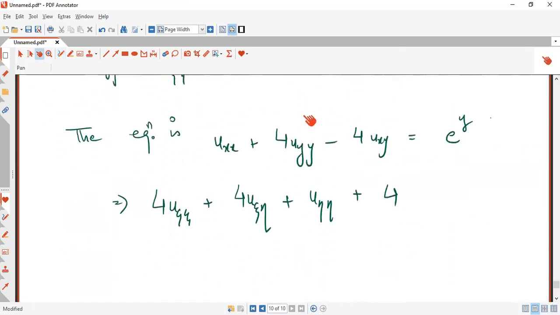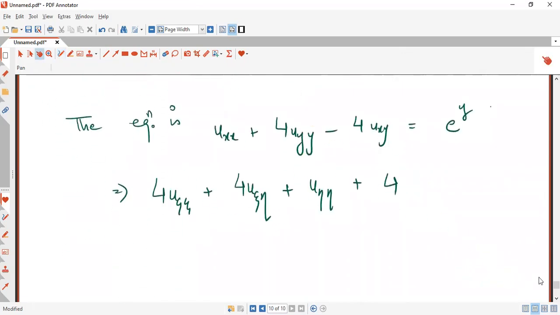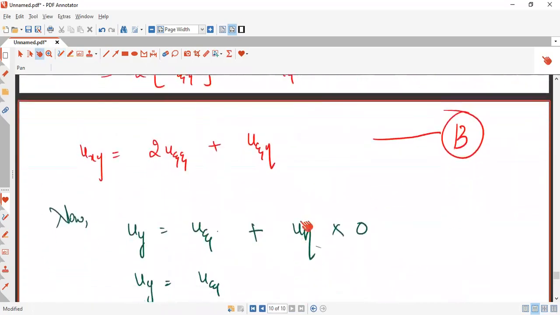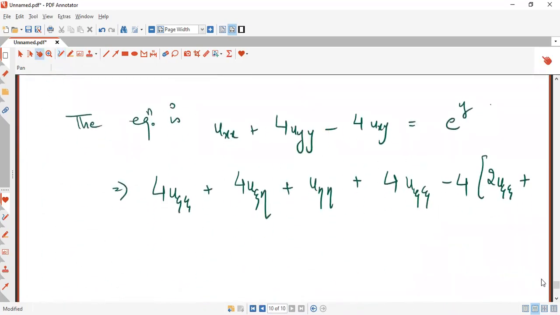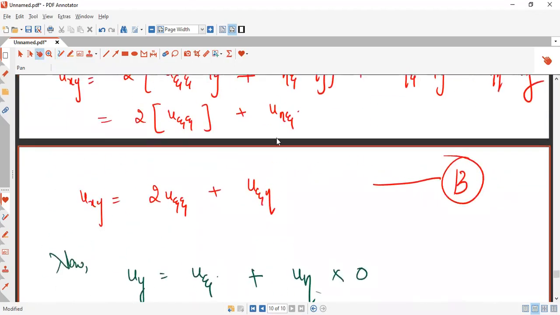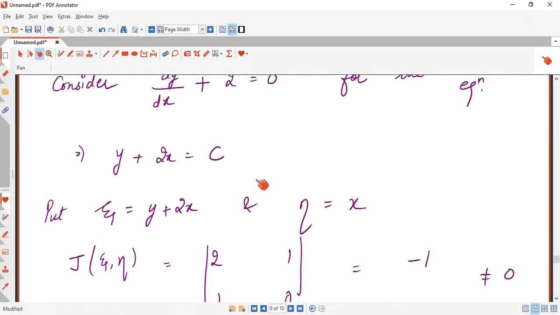Uyy will become u xi xi. Uxy has become 2 u xi xi plus u xi eta. E to power y. Why do I have to substitute in terms of xi and eta? What will it become? Be careful while doing it.